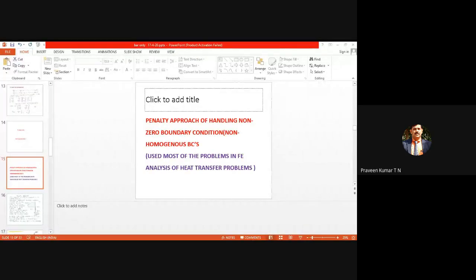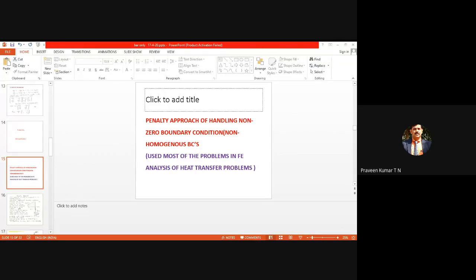So now, what is the boundary condition in heat transfer? Very quickly tell me. One boundary condition in heat transfer. No one is answering. So normally it is referred to as the specified temperature boundary condition.